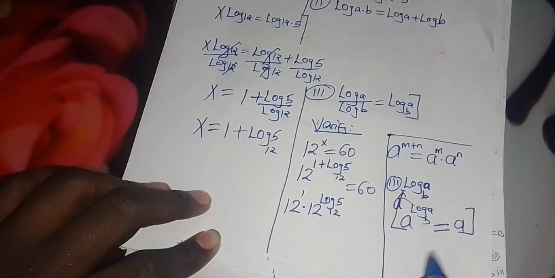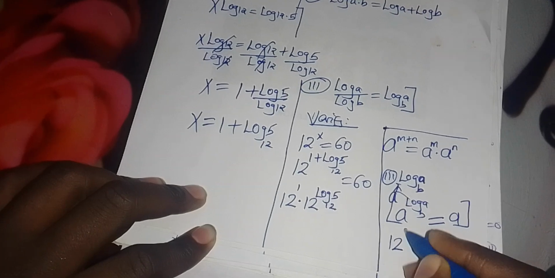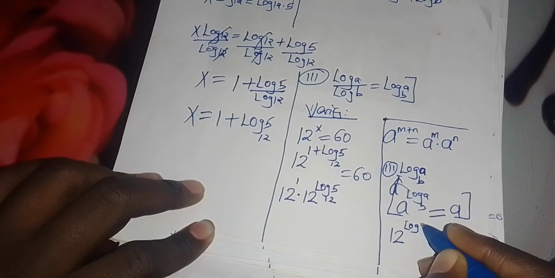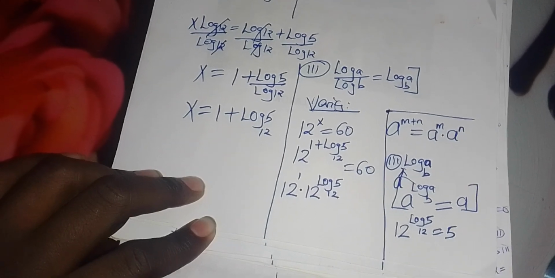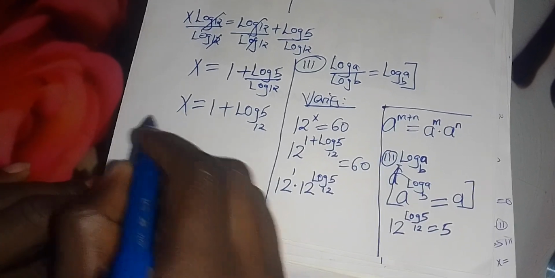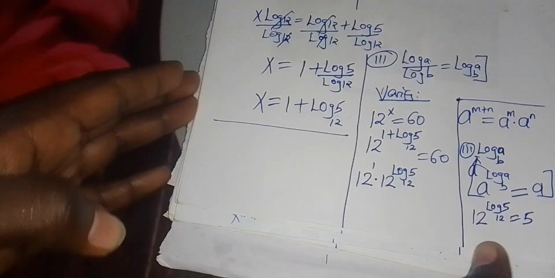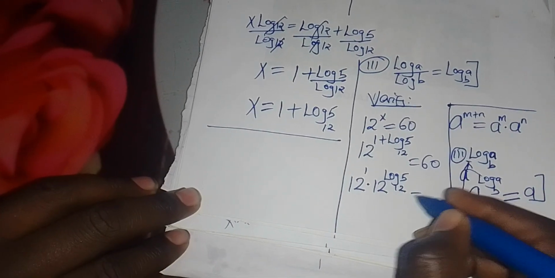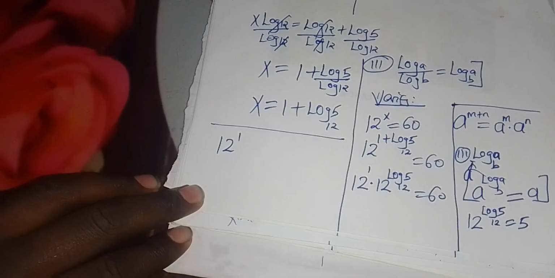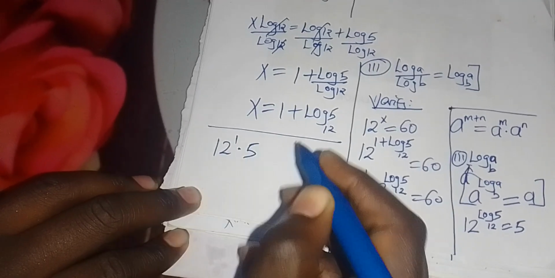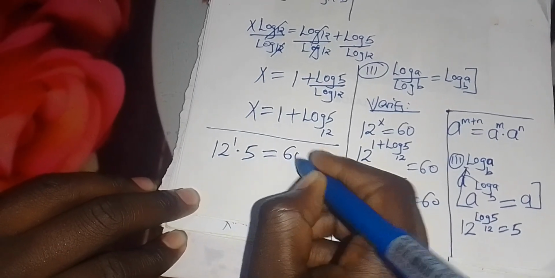So that means 12 raised to power log 5 to base 12 is supposed to give you 5. In our case here, we'll have 12 raised to power 1 multiplied by 5, and this is supposed to give you 60.